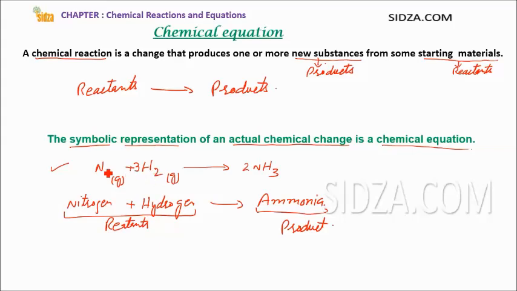So for 1 mole of nitrogen, 3 moles of hydrogen are consumed, and at the end you get 2 moles of ammonia. You can also find the weight ratio of the reactants and the products. You can also find how much ammonia will be formed from a given amount of reactants from the balanced chemical equation.